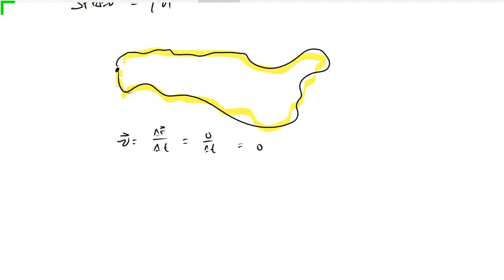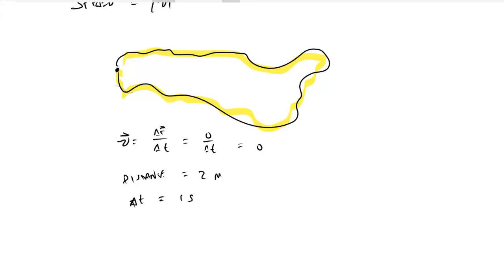However, the average speed would have been this entire distance divided by the time. So we have the distance, say it's 2 meters, and the time that it takes, I'll write this as delta t, is, I don't know, 1 second.